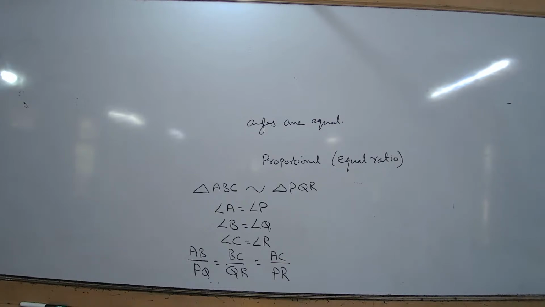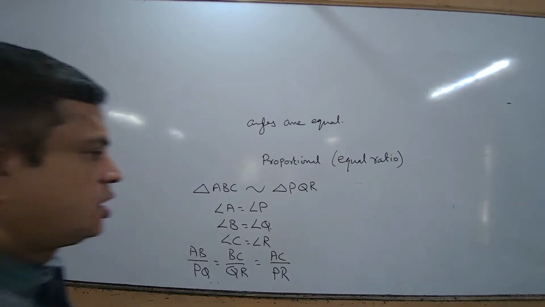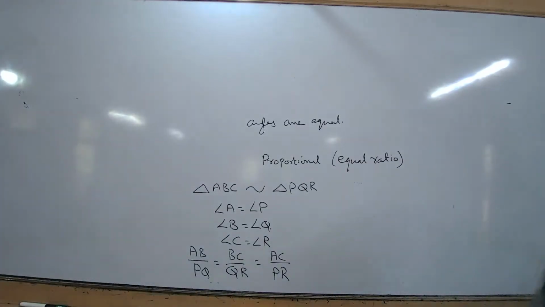Sit down. In congruent triangles, corresponding sides are equal. In congruent triangles, corresponding sides are, what is it? Equal.